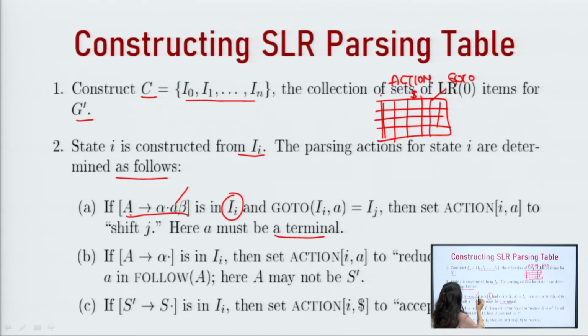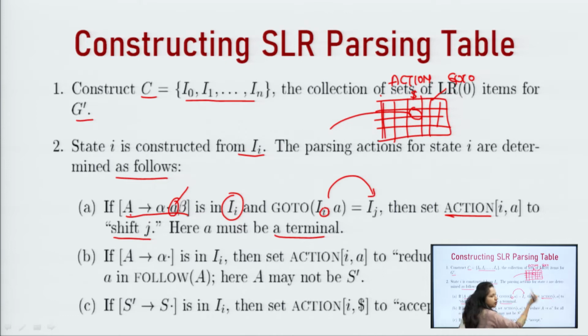If the symbol just right of the dot is a terminal, then in this table we go to the cell action[i, a], where i is this state and a is the terminal that we have. In this particular cell we write shift j, where j means the state, the set of items Ij, to which we are moving with respect to this terminal.